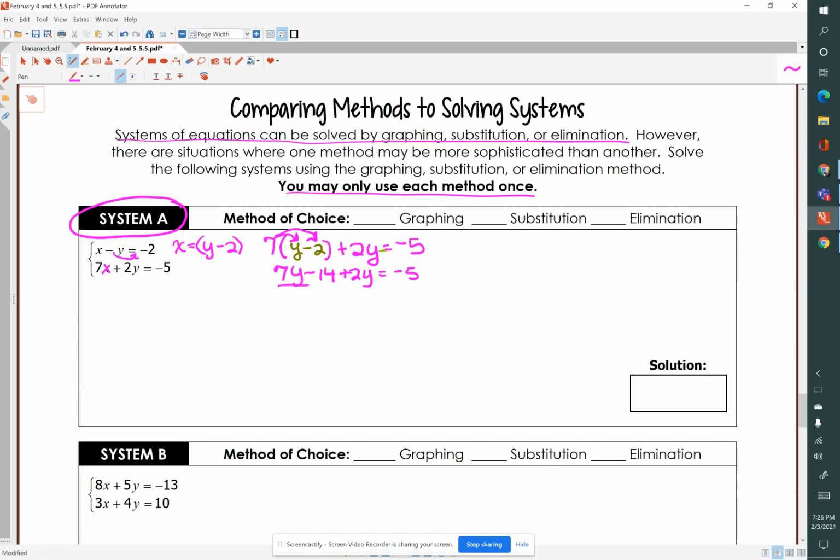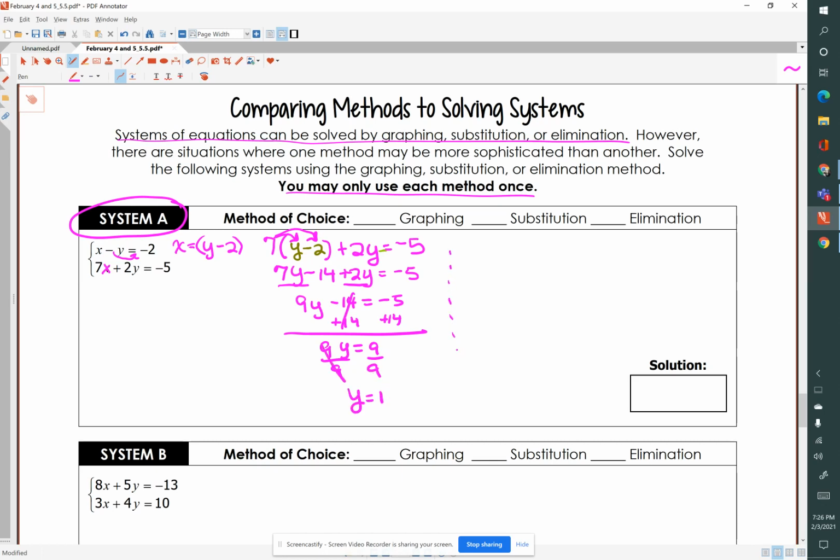Now I can combine 7y plus 2y, so I have 9y minus 14 equals negative 5. Then I'll add 14 to each side, which gives me 9y equals 9, and then y equals 1.